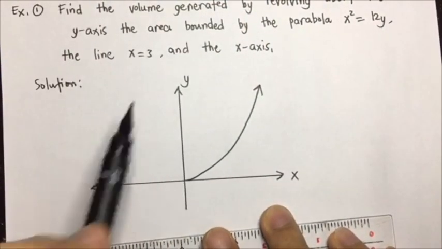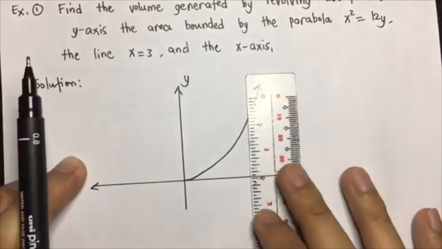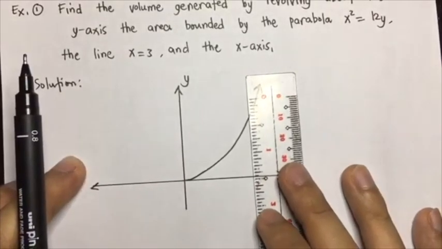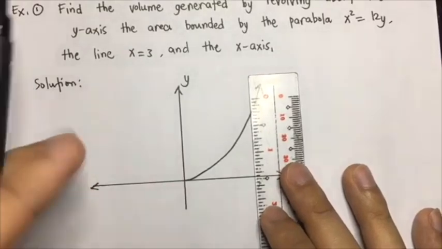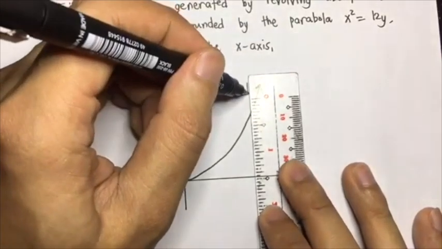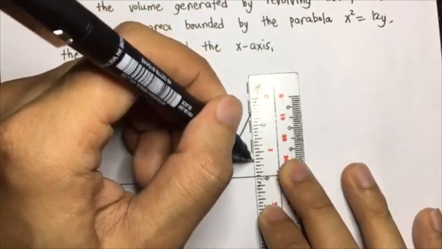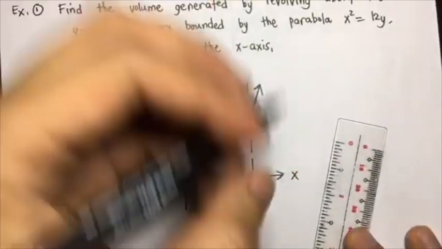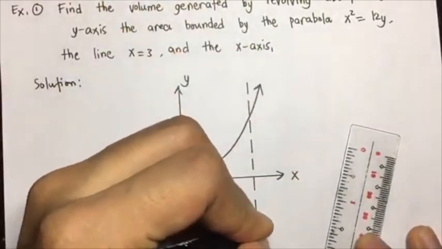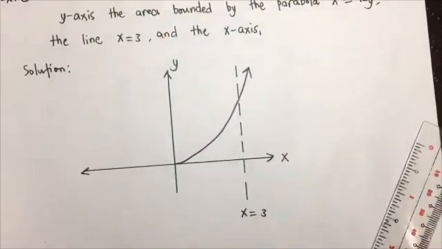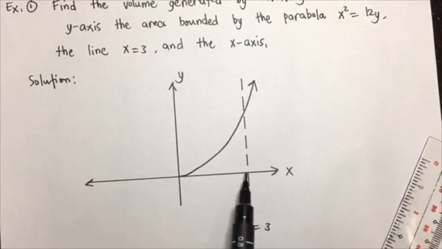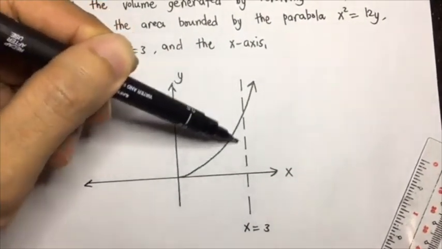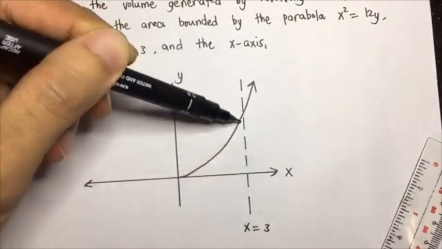Then the line x is equal to 3 is this vertical line, and the x-axis. So we are concerned with this area.